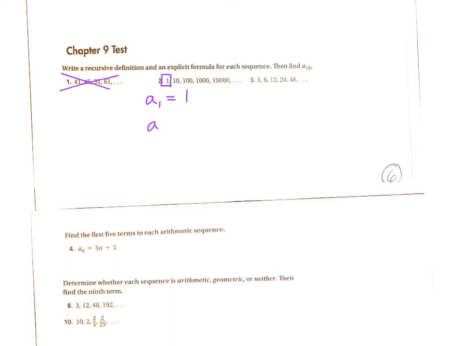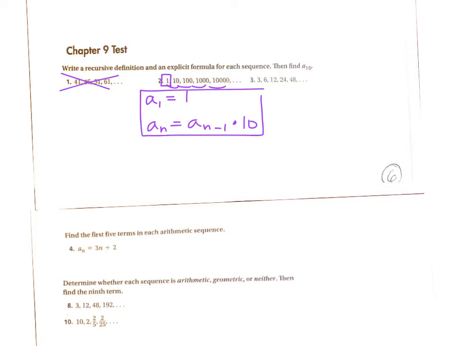And then it's A sub n equals, and it's always A sub n minus 1. In this case, we are multiplying by 10 each time, so that's your common difference, which is going to go here. Okay, so this is the recursive formula.